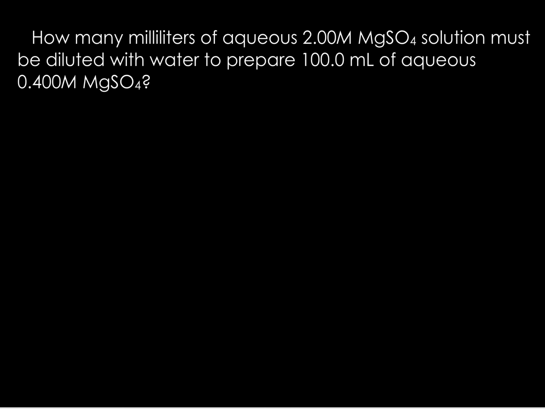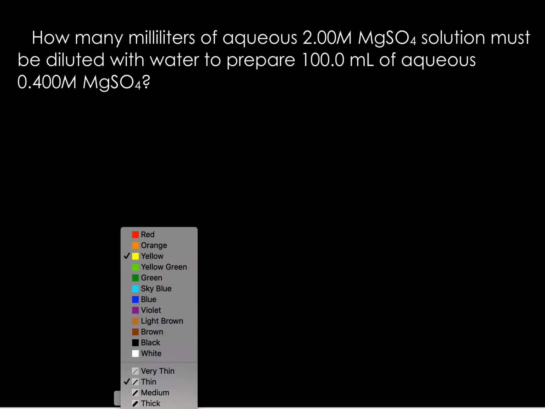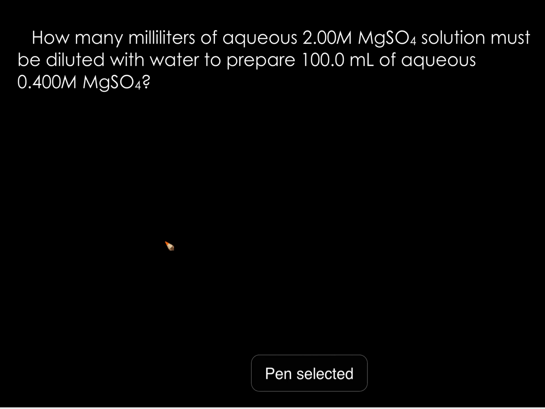It was the exact example we just did, but we'll do it again. How many milliliters of aqueous 2 molar MgSO4 solution must be diluted with water to prepare 100 milliliters of 0.4 molar MgSO4?